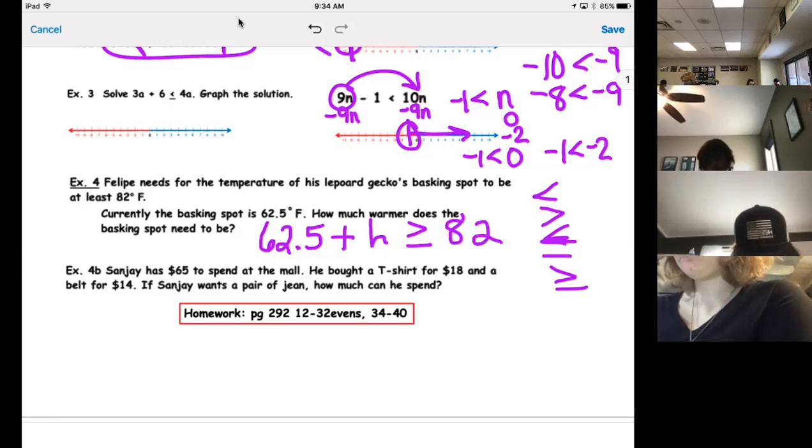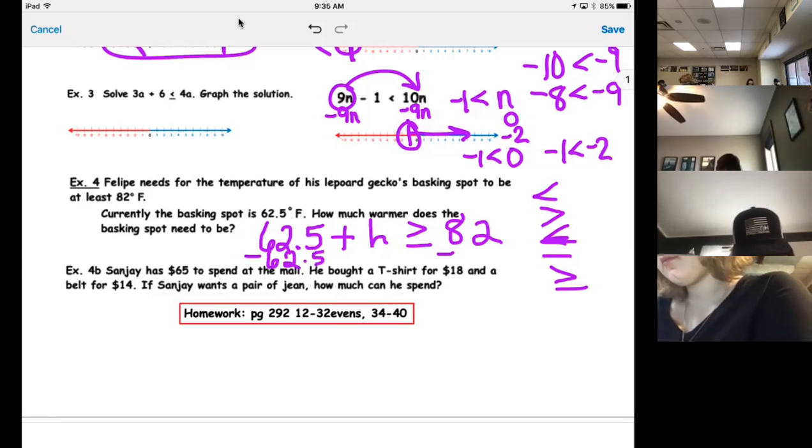Okay? This is the absolute lowest number it could be in order for that gecko to be happy or alive, one of the two. So now we have to solve for h. What should I do to solve for h? Minus 62.5 from both sides.